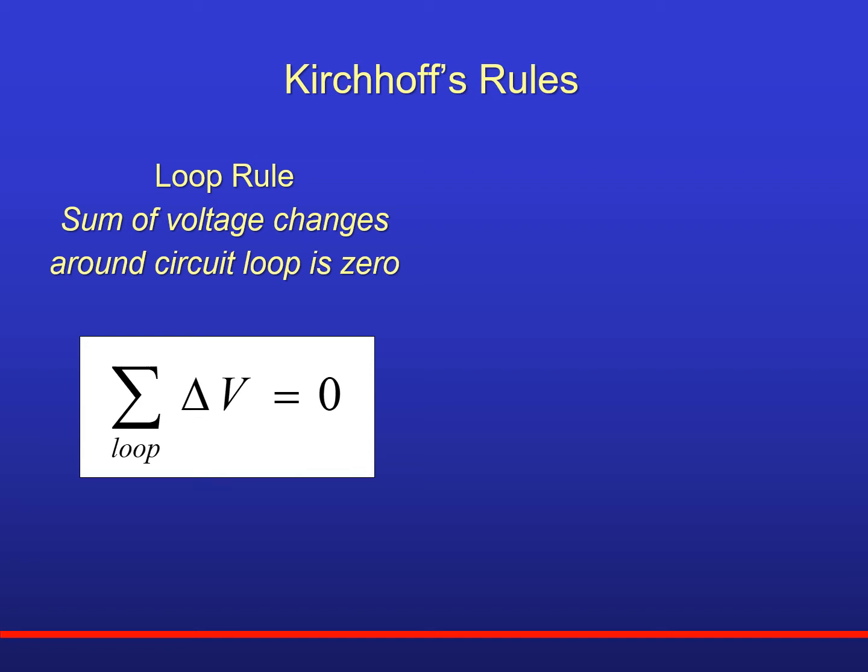You can get some interesting things happening in a current loop. But for now, we're not going to have any changing magnetic fields. So as long as that's off the table, this rule is perfectly fine. It's rock solid. We'll work with it.